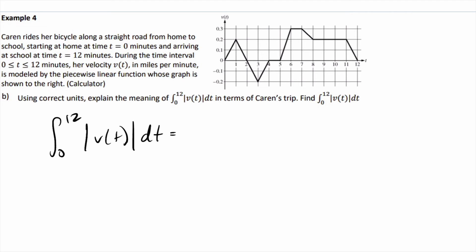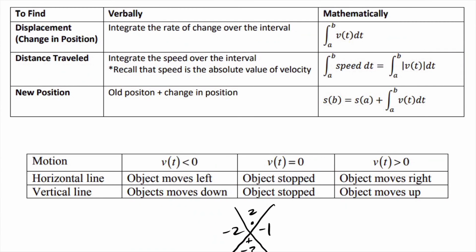In the table at the very, very beginning, we saw it. Right there. Distance traveled, right? Total distance traveled. How far has she gone over the course of 0 to 12 minutes, right?